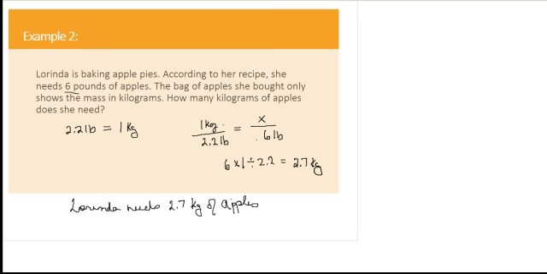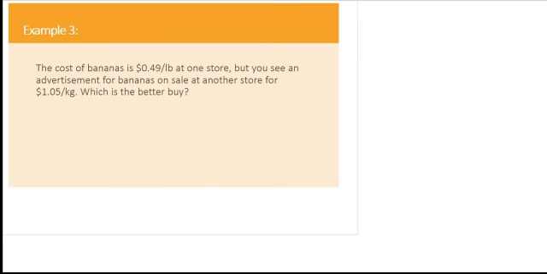Let's look at example number 3. The cost of bananas is 0.49, so 49 cents a pound at one store, but you've seen an advertisement for bananas on sale at another store for $1.05 per kilogram. Which one's the better buy? We know that 49 cents is the cost for 1 pound of bananas, and that 1 pound of bananas has a mass of 0.45 kilograms.